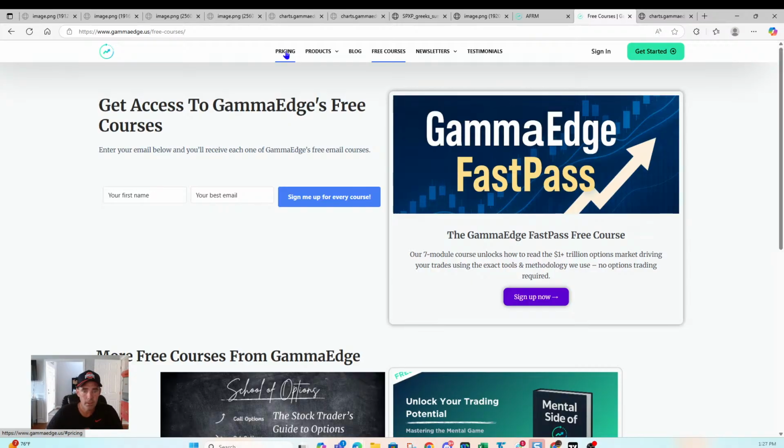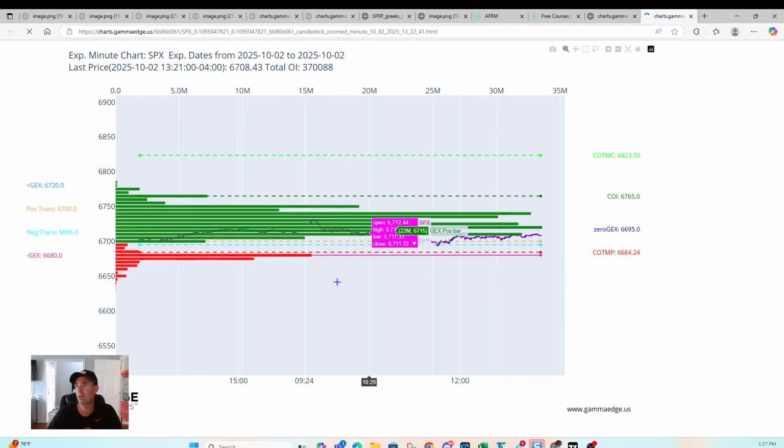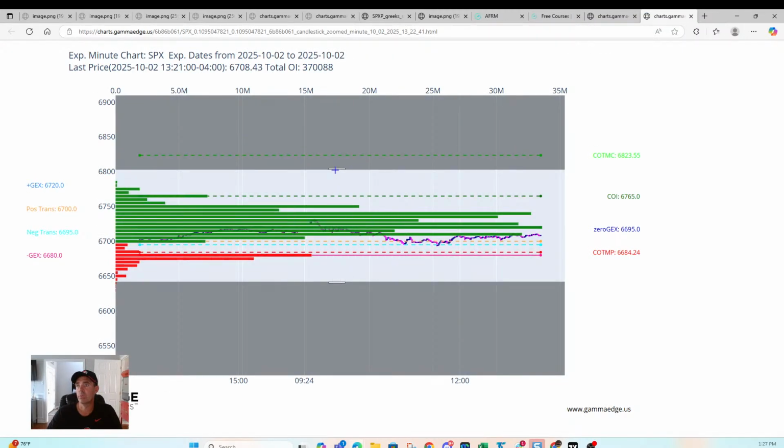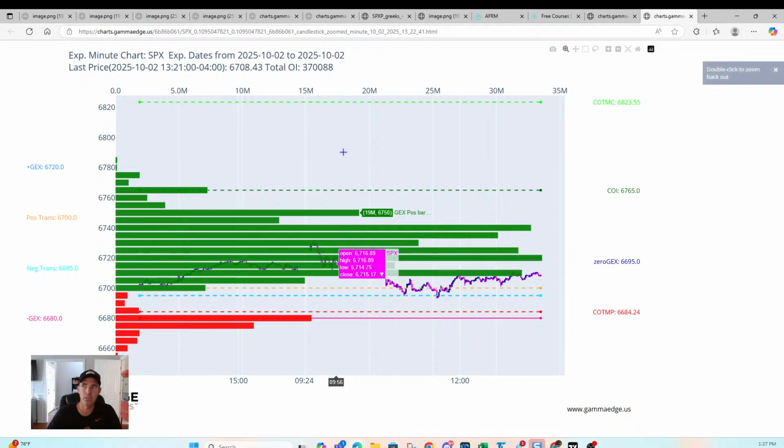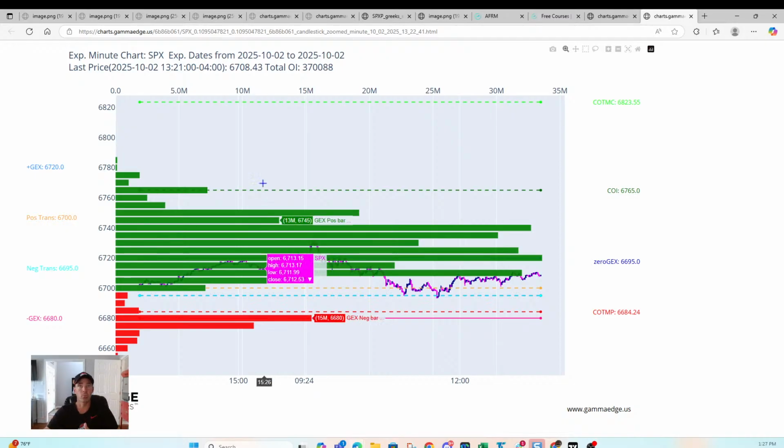Is there a chart which shows price versus gamma levels overlaid with the volume chart? So we do not have that chart, but we do have the 0DTE minute chart, and this is basically your gamma levels right here. The reason is because you want these separated. Now, our web app will have this available in it, our dashboard that we're currently working on and hoping to roll out soon.